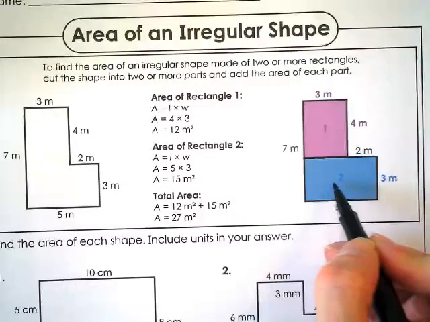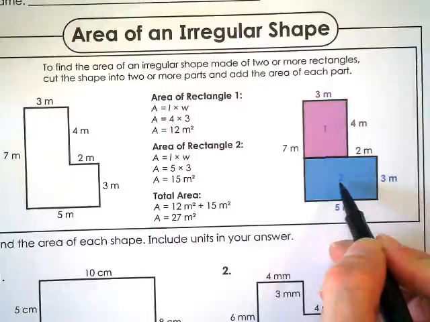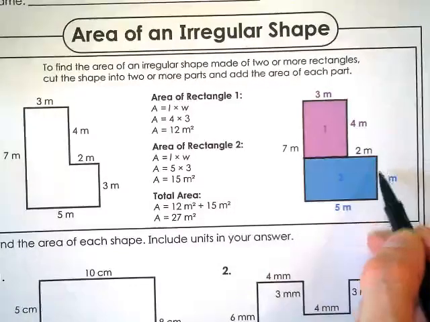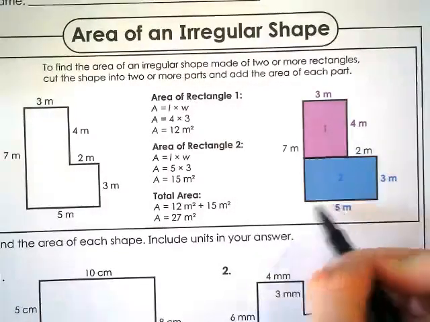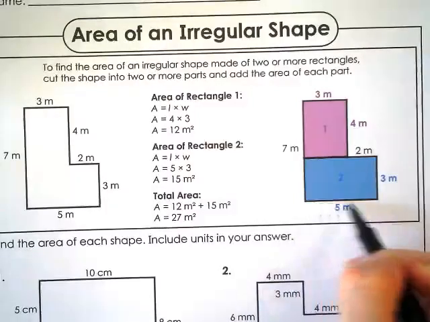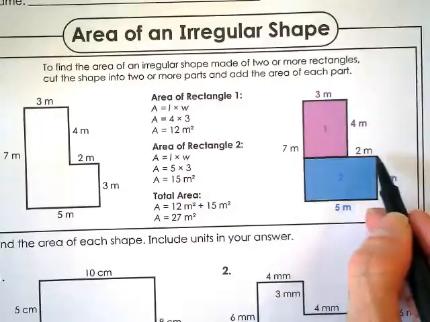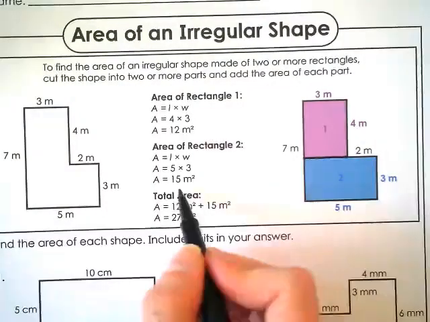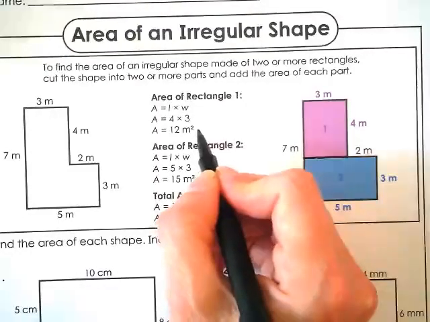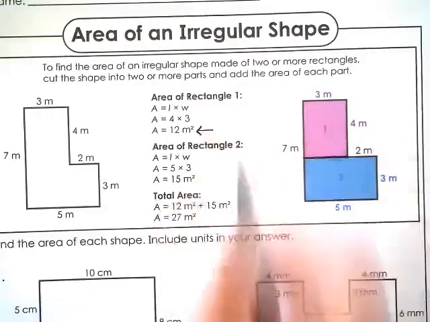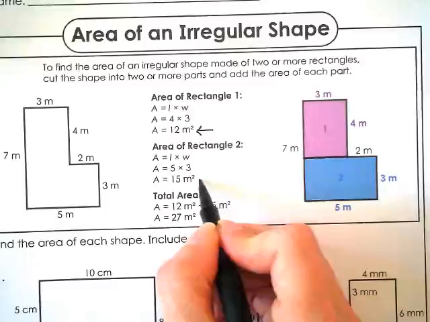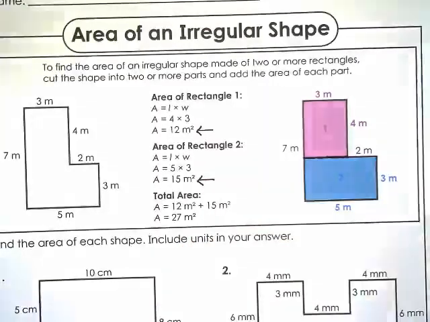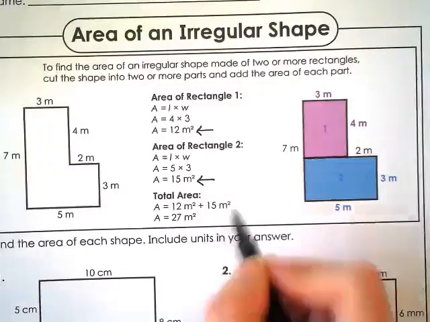Then they took the second rectangle, which is this blue one, number 2, and multiplied the length, which is 5 meters, times the width, which is 3 meters, and ended up getting 15 meters squared here. So this is the area of the first rectangle, and this is the area of the second rectangle.